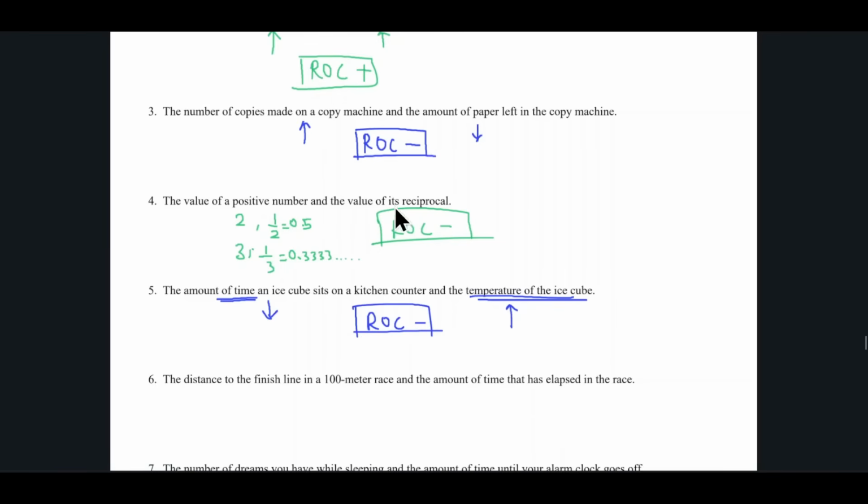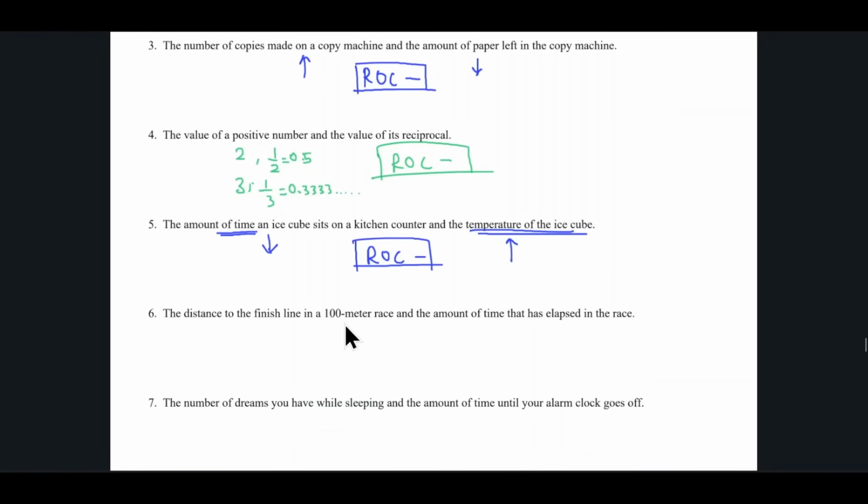The distance to the finish line in a 100-meter race and the amount of time that has elapsed in the race. So read carefully: the distance to the finish line, not the distance that is covered. Maybe the person is over here, and this is the finish line. So the distance to the finish line is this.